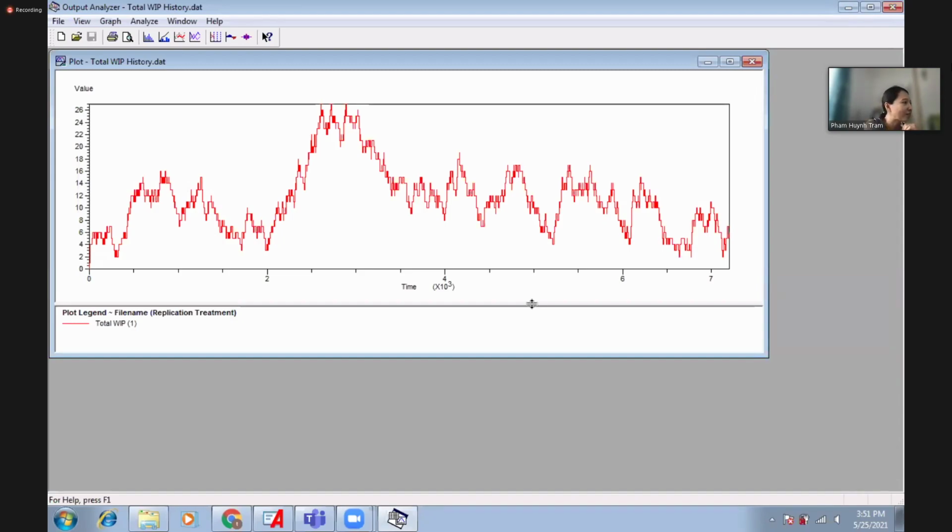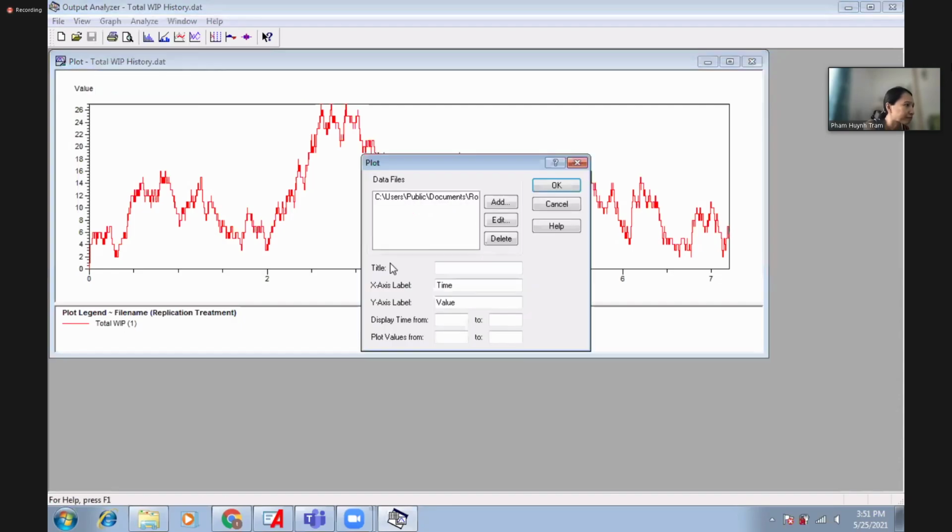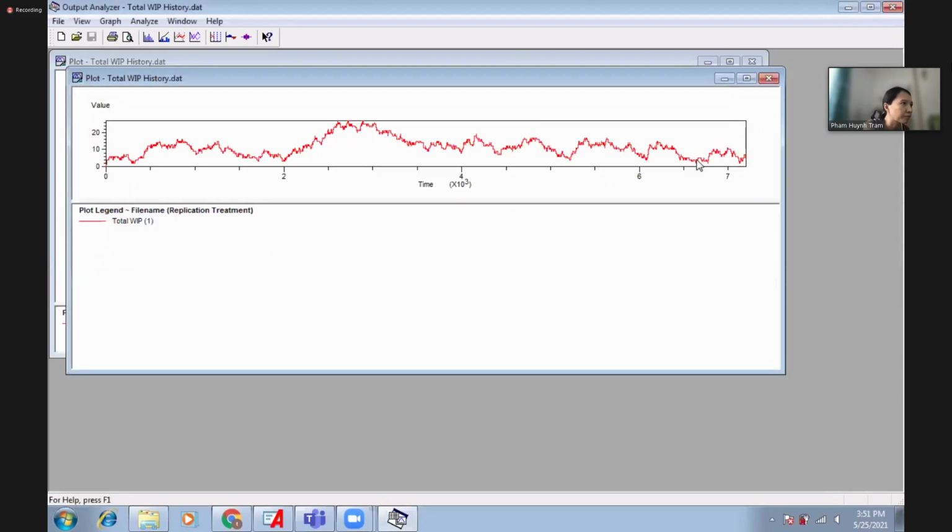Can you identify the steady state from here? It's a little bit hard, right? Okay, now let's plot all the 10 replications. Oops, sorry.